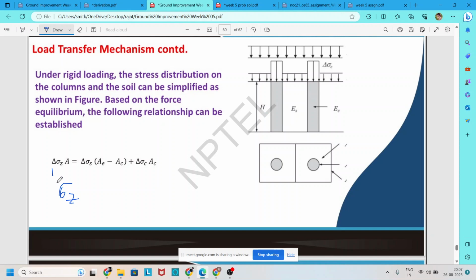So if we say that the total stress taken by the one unit cell is sigma z, and the total cross-section area is A, then we can find the force.